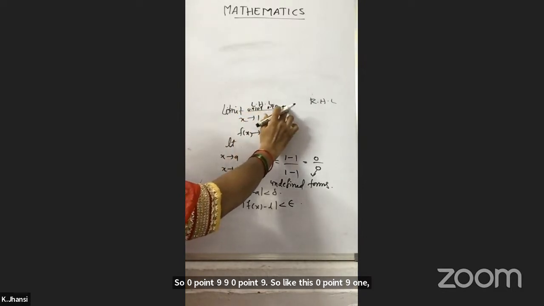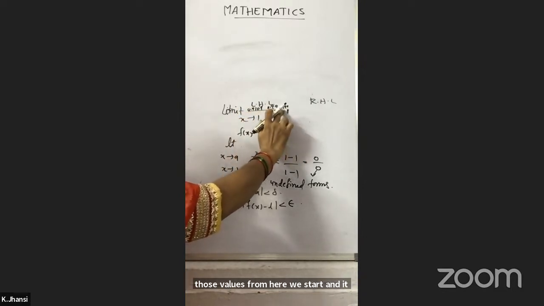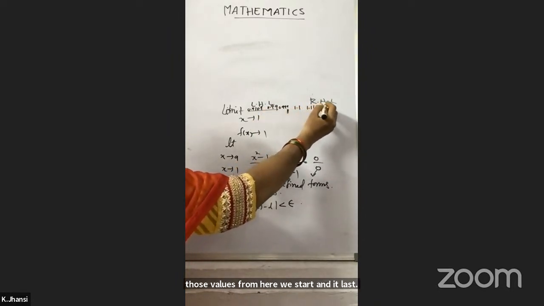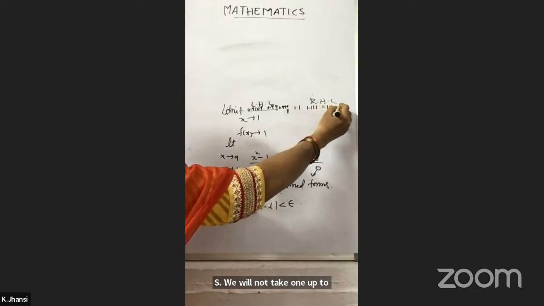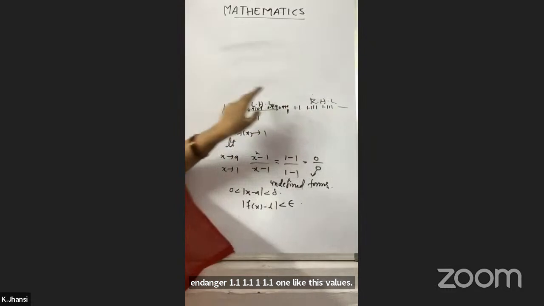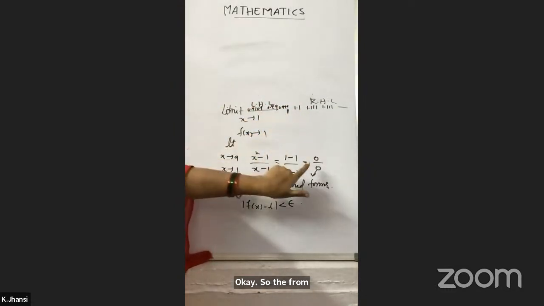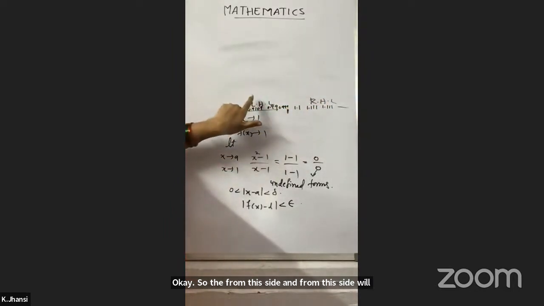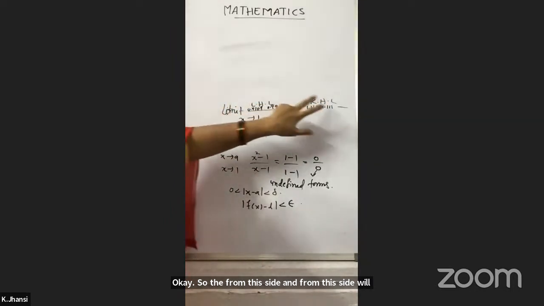And at last we will not take 1, up to here only, and on the other side 1.1, 1.11, 1.111, like these values. Okay. So from this side and from this side we will approach, and you will get the two values, that means LHL and RHL, left hand limit and right hand limit.